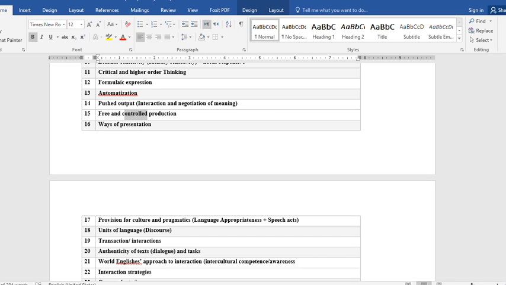The purpose of controlled production is to help and encourage learners, and to tell them they are not going to be overloaded or stressed in a complex activity of language production.